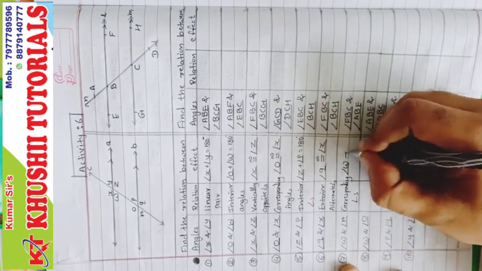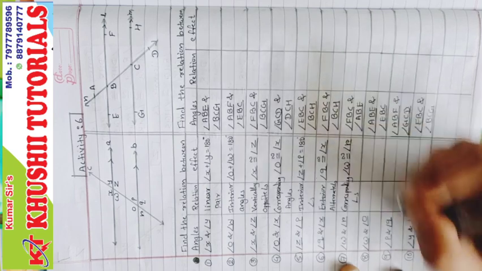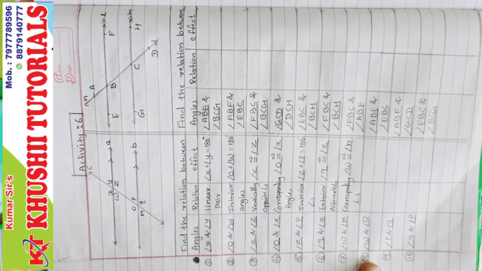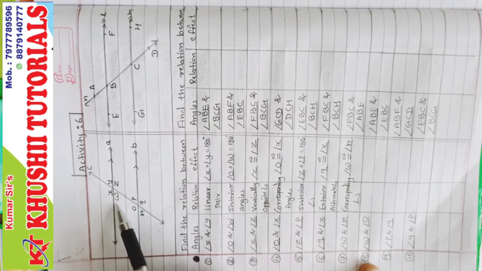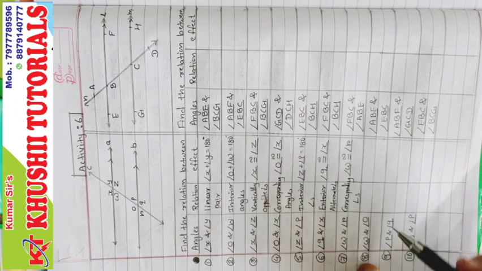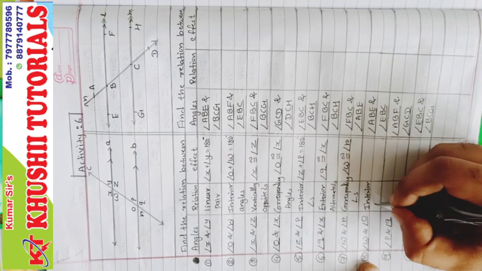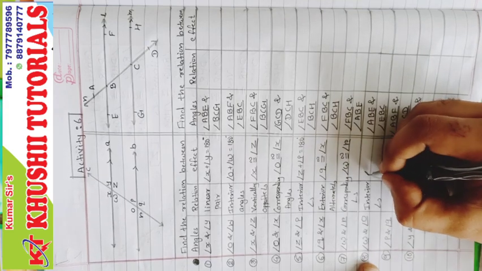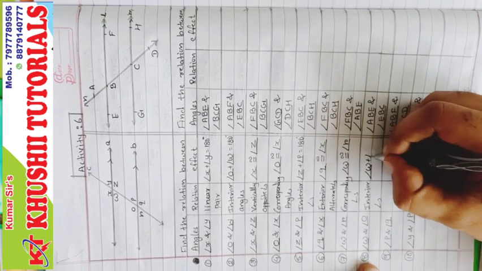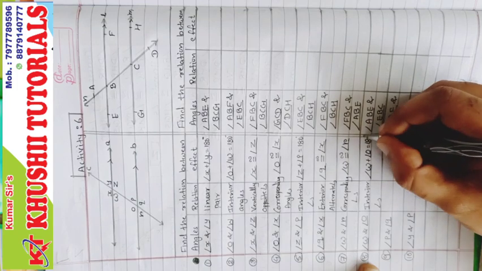Angle W is congruent to angle R. Angle W and angle O are again interior angles. It has come before as O and W, but here the sequence has changed. So again we write interior angles, and they are supplementary. Angle W plus angle O equals 180 degrees.